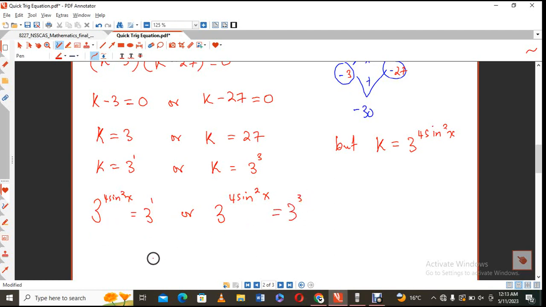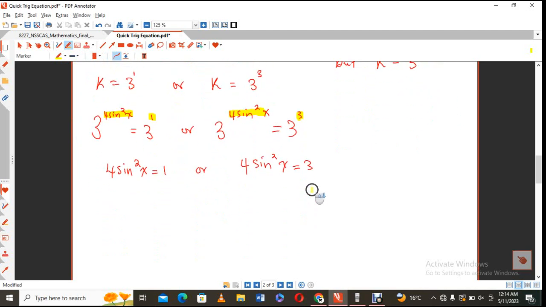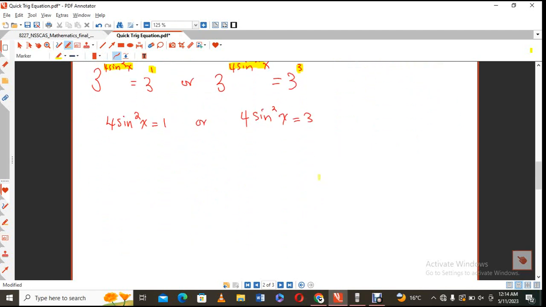If the bases are the same with exponential equations, then we equate the indices. So basically I'm dropping the bases, and I'll be left with the following. All right, so I am then equating the indices. I think you realize we're getting closer to something that is more workable, right?